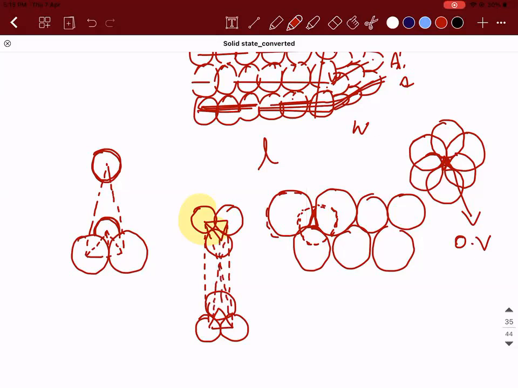So here your octahedral void will be formed. Clear? So when placing the second layer on the top of the first layer, two kinds of voids you can see: one is the octahedral void and another one is the tetrahedral void. Clear with this thing? Shall we go for the next one?